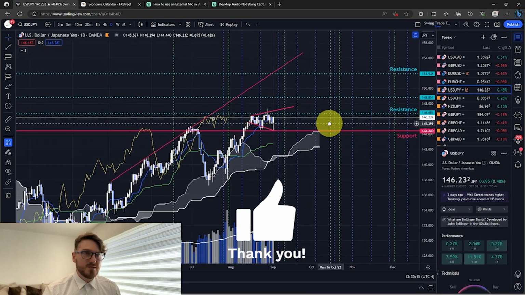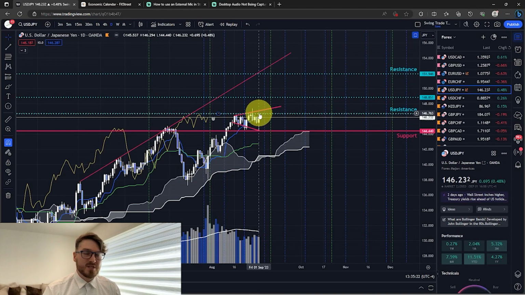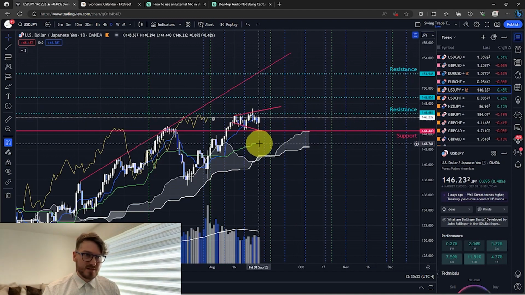I'm probably not going to be looking to trade this one this week. I will keep monitoring it and see if it breaks out above this resistance level, which is the 146.681 level. But until then, this is a Y wave and the Kijun-sen's flat, so price could reverse back down to these levels after another false breakout onto this trend line of this Y wave.